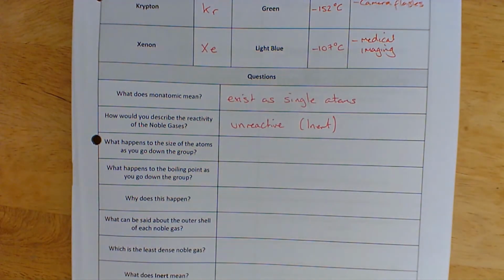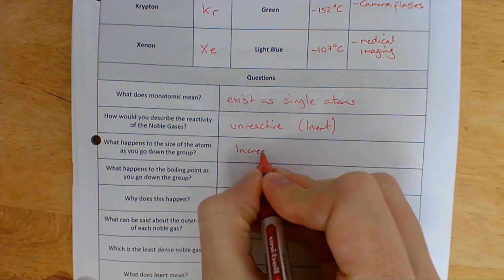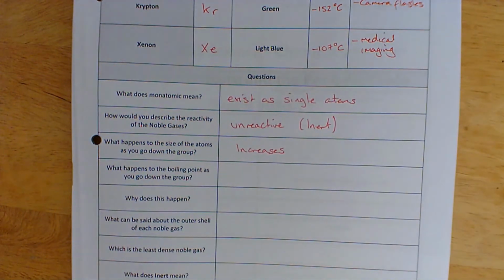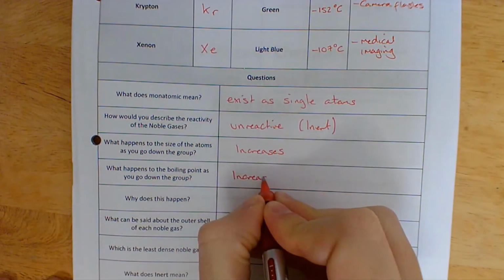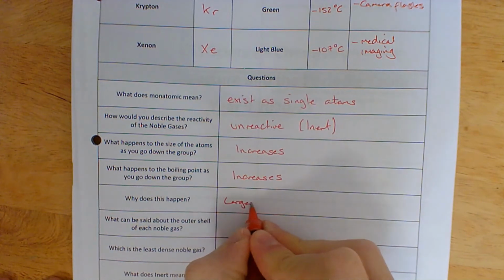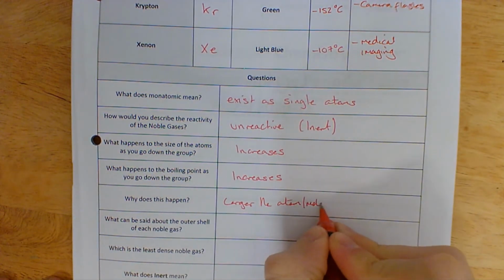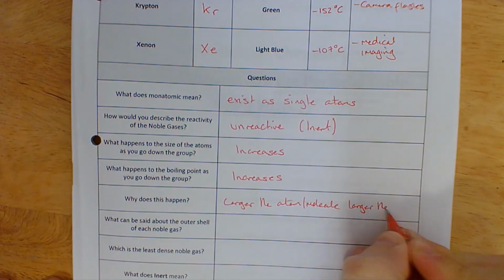So what happens to the size of the atoms as you go down the group? Well, the atoms get larger. As you go down the group, there are more shells, the atom gets larger. What happens to the boiling point as you go down the group? That also increases. Why does it happen? So the larger the atom or molecule, the larger the boiling point.